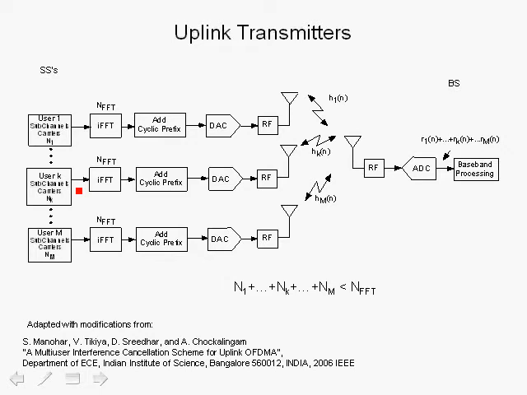Given the number of subchannels and the carriers, user K knows exactly what those carriers are, the actual carrier numbers that are allocated to it based on the subchannels, and of course based on the uplink map that was transmitted during the downlink process in the TDD frame.